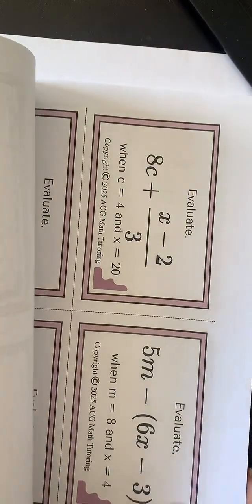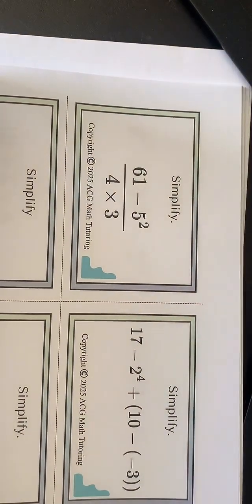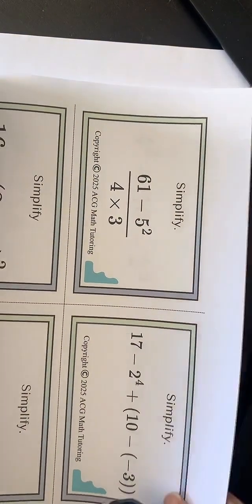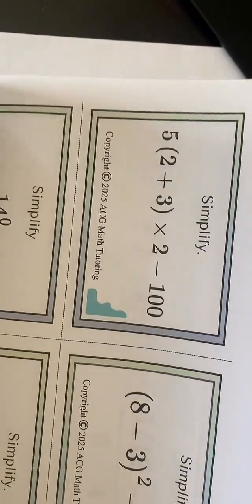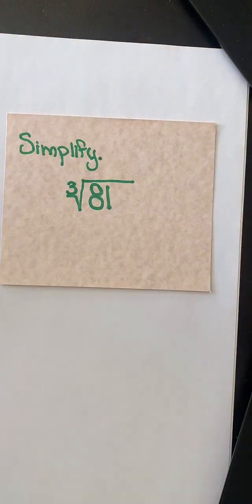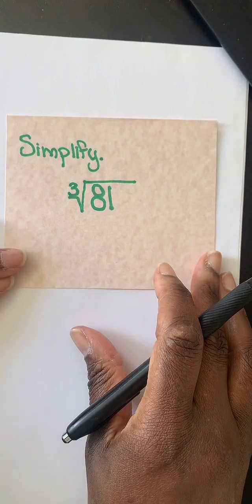I have solutions, some of the evaluating pieces, some of the simplifying pieces, and the order of operations, which are usually in the back with all the simplified. So what you guys are doing for me right now is one, helping me find another way to help you guys out, and two, how to create it. Because right now, I'm tired of using my brain.